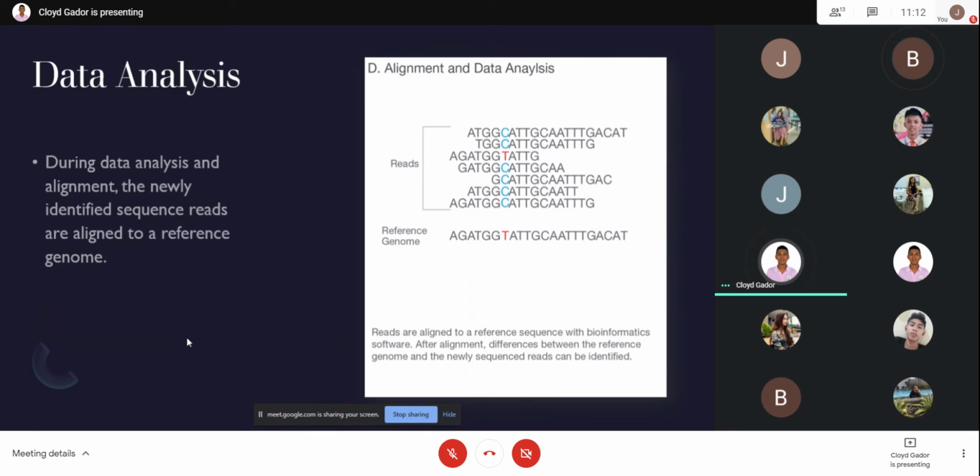And the last step is the data analysis and alignment. The newly identified sequence reads are aligned to the reference genome. In this stage, informatic tools are required.